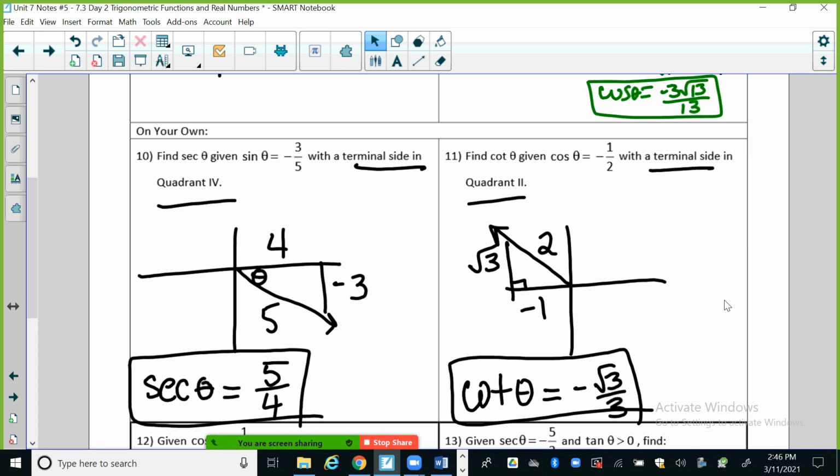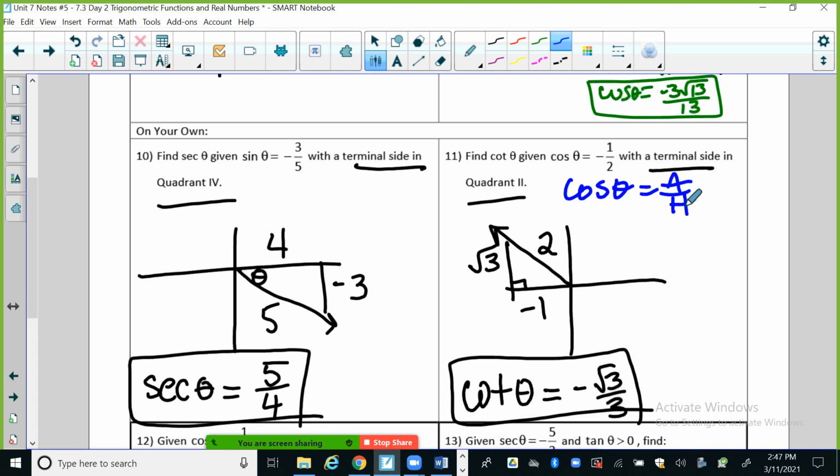How come sides A and B aren't switched? Well, it doesn't matter what side is A and B, they just refer to the two values, but I think you mean like the adjacent and the opposite. Why aren't they switched? So cosine of theta is adjacent over hypotenuse.